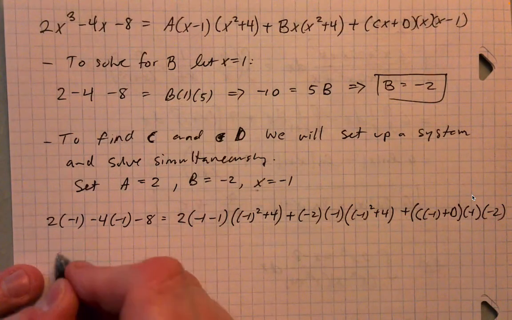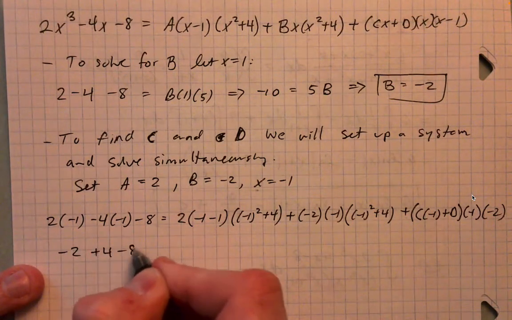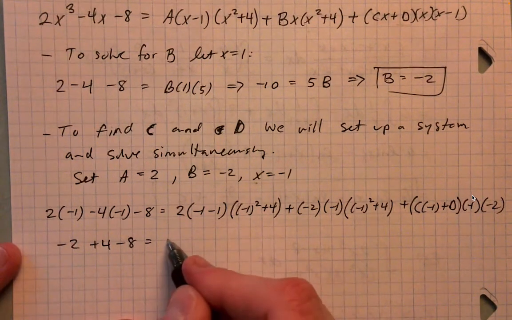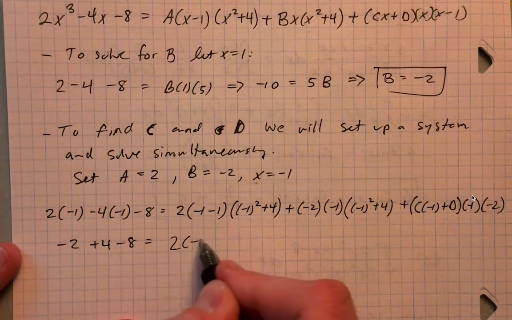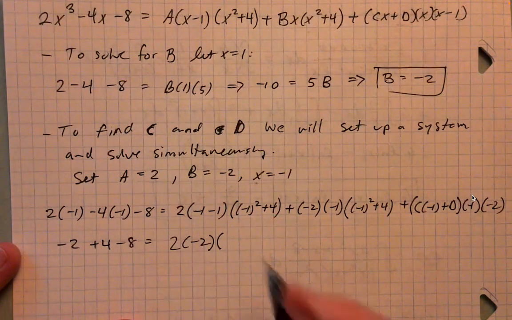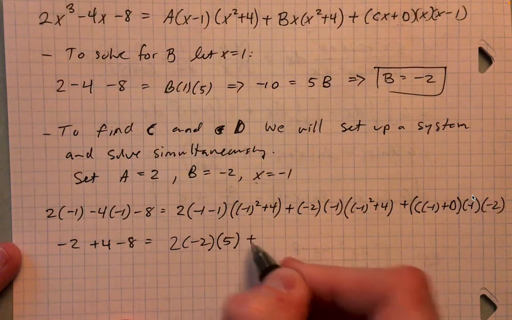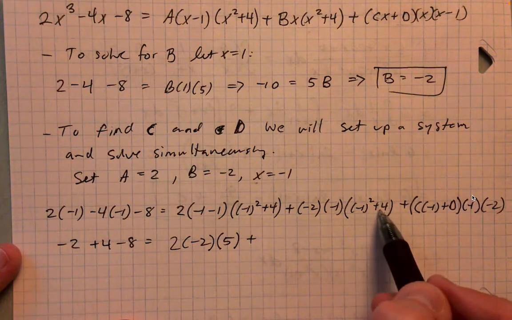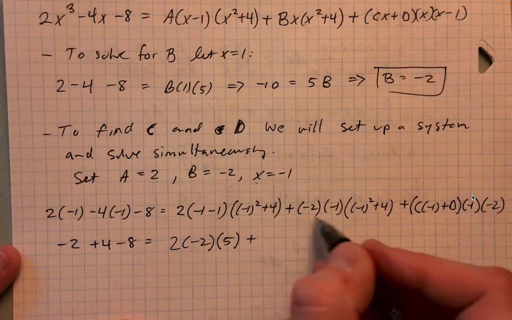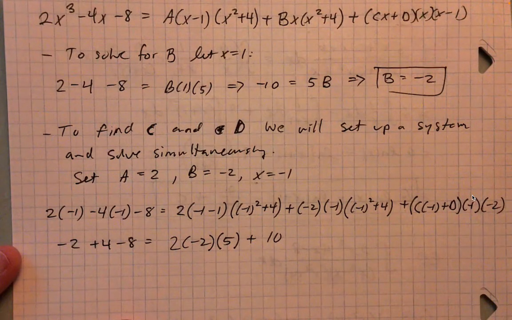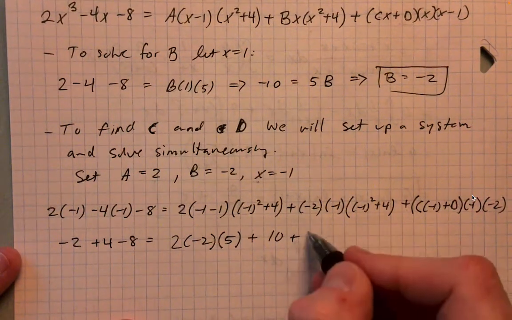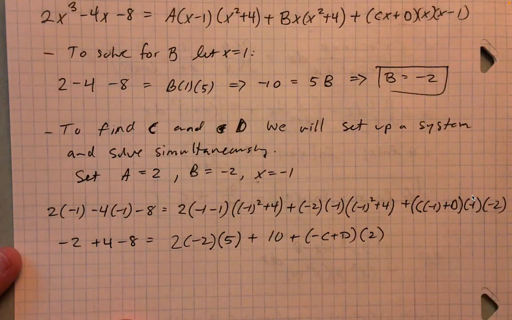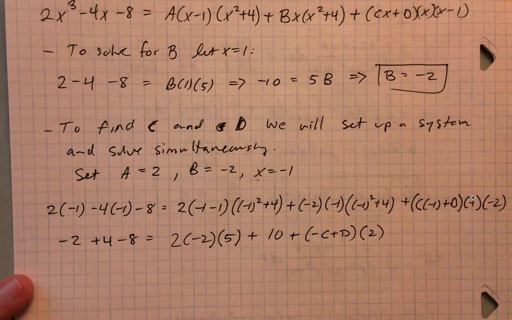So let's go through. We got negative 2 plus 4 minus 8. That's that side. And then over here we've got what? So this is 2 times negative 2 times 5 plus, what do we get here? Well, this whole thing is 5 times 2, so that's 10. Okay. And then plus negative c plus d times 2. Okay, so we're getting closer here.